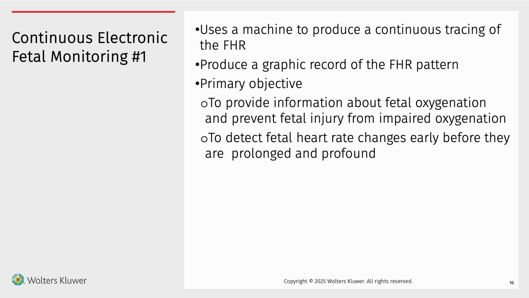The graphic record helps us observe the fetal heart rate, baseline variability, accelerations, decelerations, and how the pattern correlates with the uterine contraction. So once again, the primary objective of electronic fetal monitoring is fetal oxygenation status.